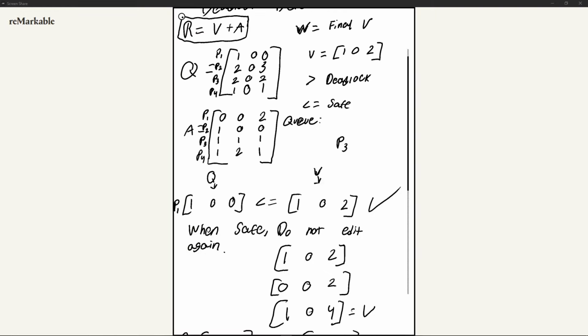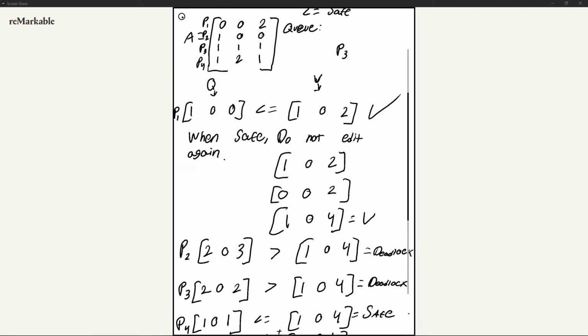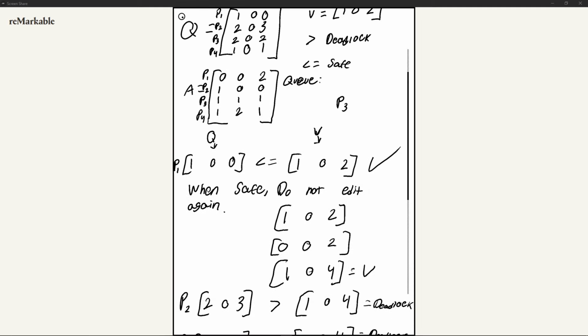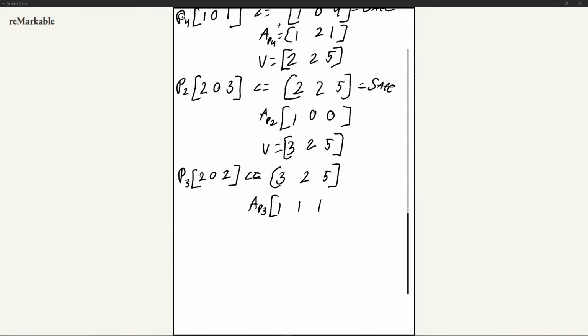Okay, so P3 is 2, 0, 2. We need to compare that to our brand new V, which is 3, 2, 5. And we see that it's less than or equal to our V. So now we go to A sub P3 and add that, which is 1, 1, 1.